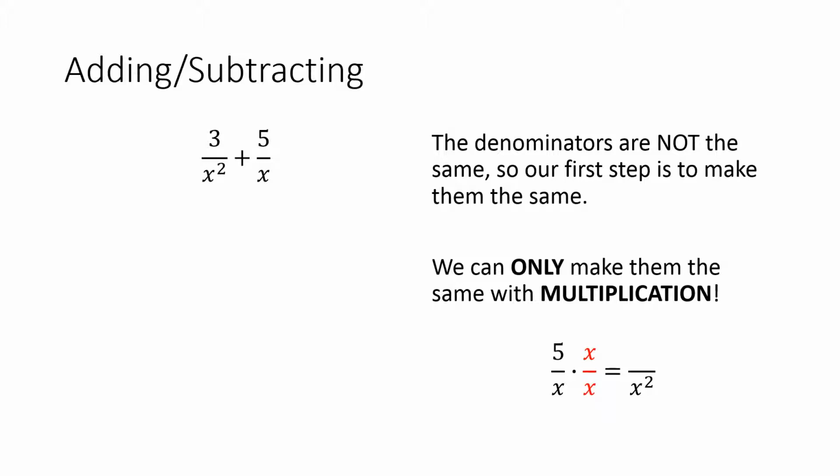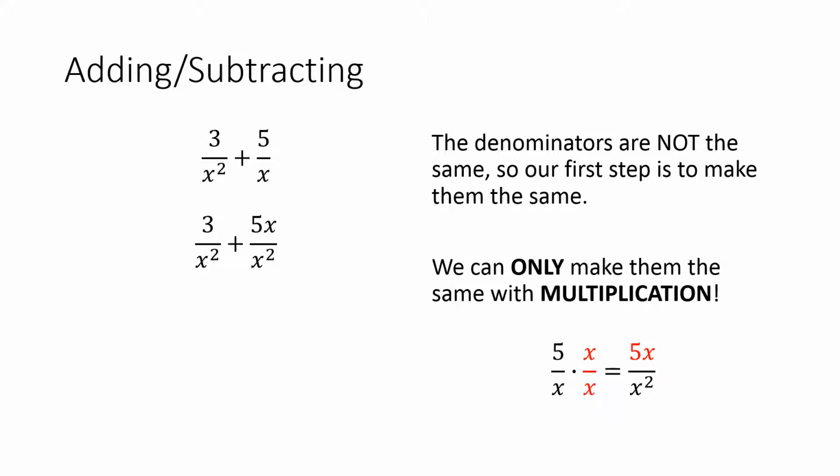And then we just have to make sure we always do the same thing to the top and to the bottom of our fraction. Because essentially what we're doing is we're reversing the simplifying process and multiplying by 1, which doesn't change anything. And so on the top, we just have 5 times x, which is really 5x. We bring that back to our original problem. So 3 over x squared plus 5x over x squared.